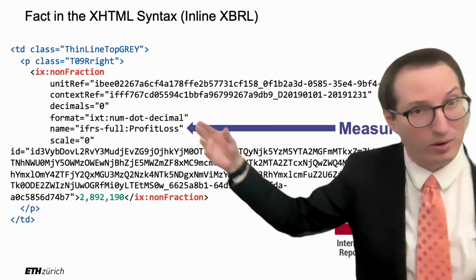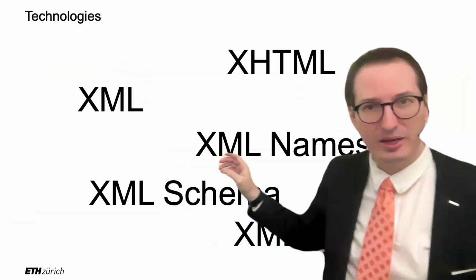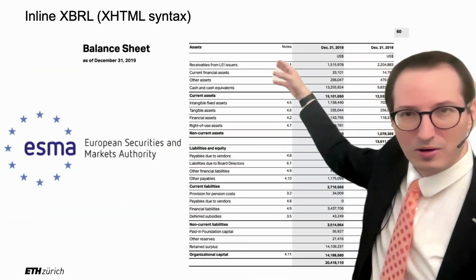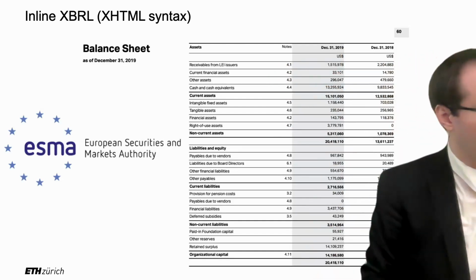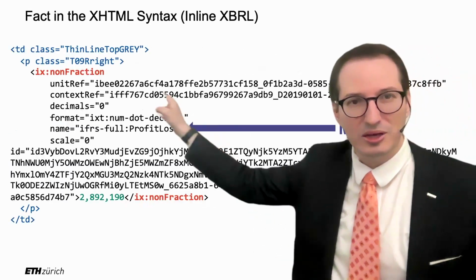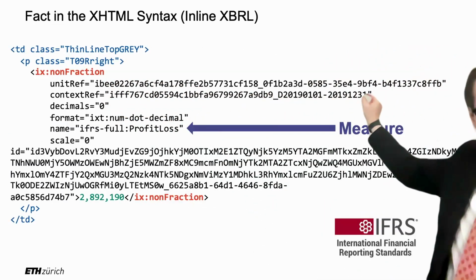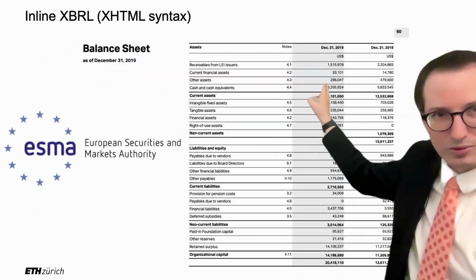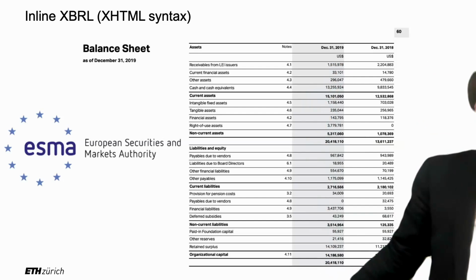And the context, which is somewhere else, is going to say, these are tangible assets for this company for this period. That's the context. And the unit here, which was also this horribly looking string of characters, is pointing to something that is probably euros. I assume that this is in euros, right?